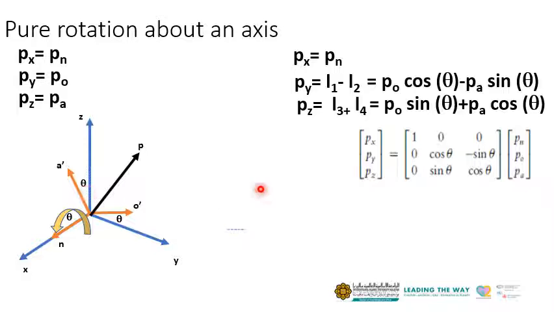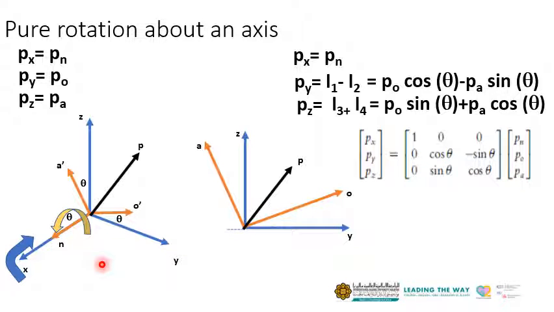Now, if we see from this side, we want to derive some relationship, such as how it is related with X and N, and Y and O, and all these things. We will see how to derive it. To do that, we want to have a two-dimensional view. So we want to basically redraw it with respect to this view. We will have it here like this. So basically O and A have been rotated by theta angle.